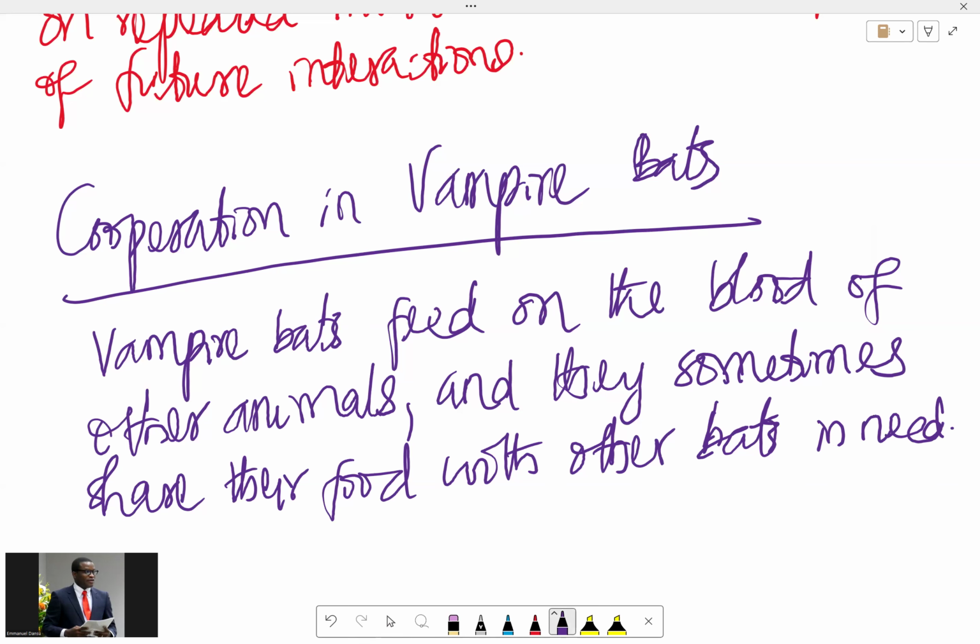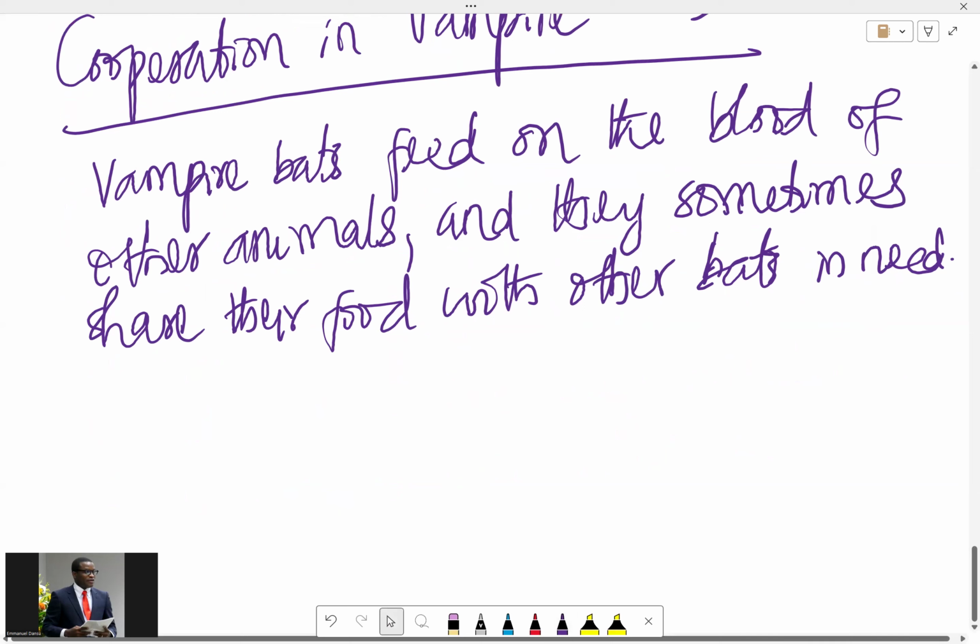So you see, these vampire bats can choose to be hawkish or dovish depending on whatever they think is right.